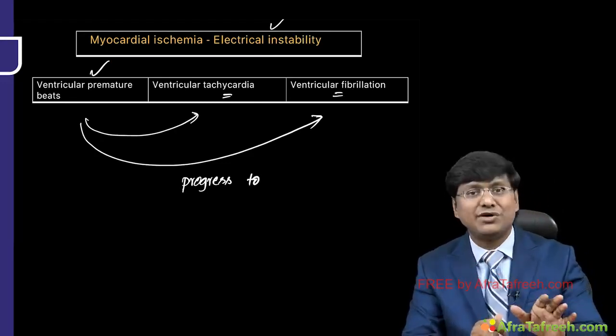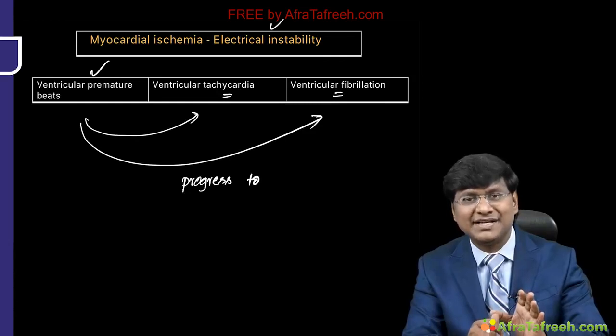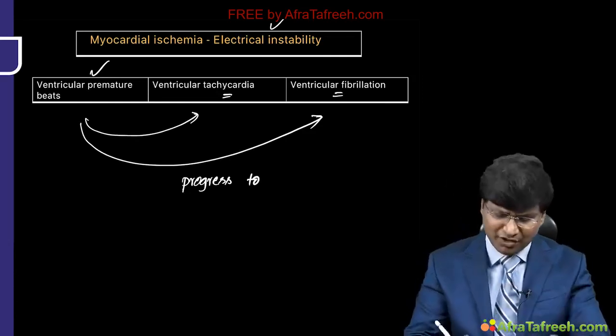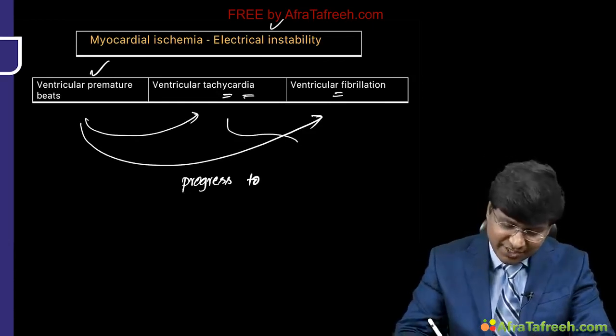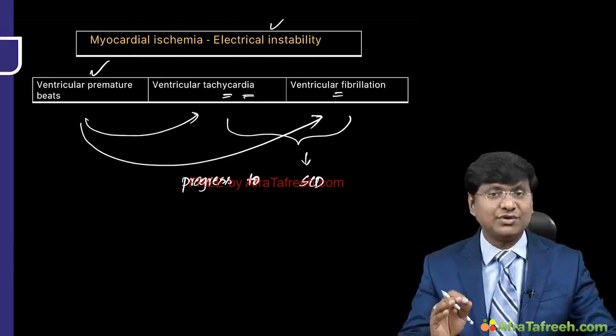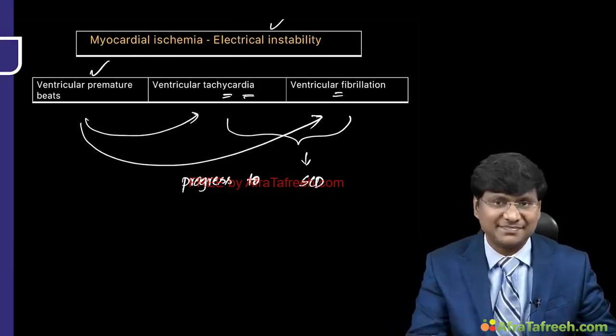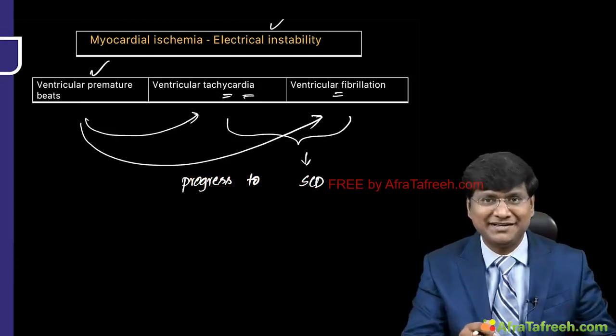Most of these patients die due to ischemic heart disease, mainly because of these ventricular tachyarrhythmias. So ischemia will induce VT or VF, and that can make the individual develop sudden cardiac death.